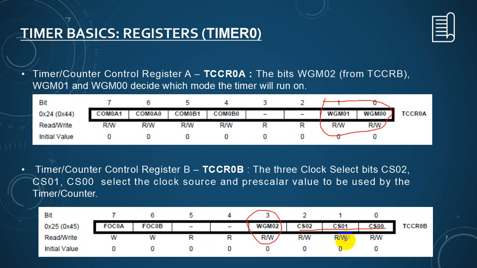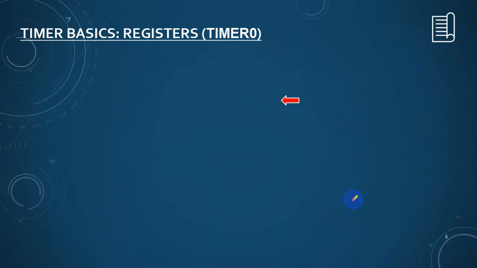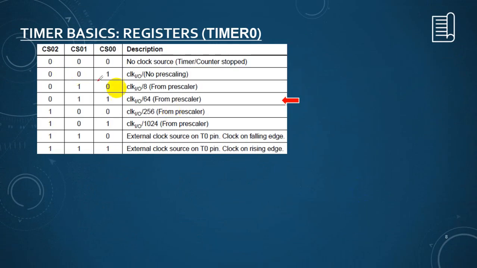We use these 3 bits, CS00, CS01, CS02, to select the clock source and prescaler value to be used by the timer counter. When all 3 bits are 0, there is no clock source and the timer will stop.